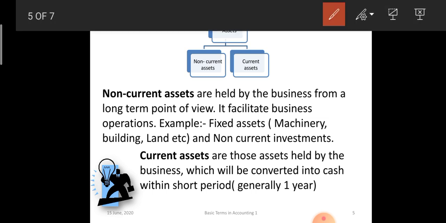So assets are further classified into non-current assets and current assets. Non-current assets remain in the business for a long period of time. Examples are machinery, land, building. Current assets will be converted into cash within, say, 12 months, within a short period.